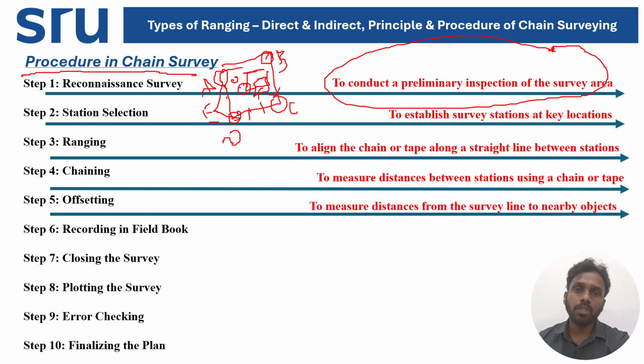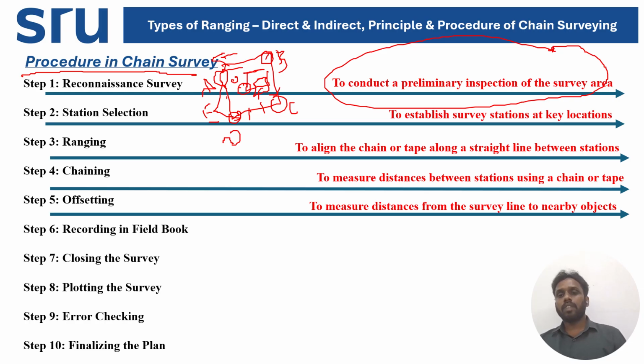This is a huge issue we often face. You have to visit your site to check exactly which orientation it has, in what direction your maximum distances are covered, which direction your plot is oriented, what your largest distance is and in which direction, and what the shortest point is and in which direction. Everything should be noted, right? So after doing this much preliminary work, only then should you go for your plan.